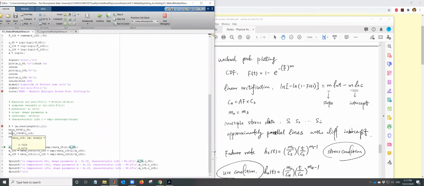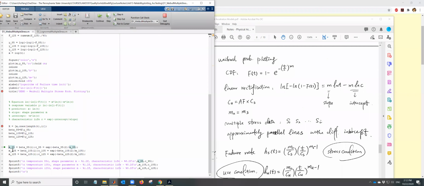So for each condition, we have two parameters. Now, the slope is just the shape parameter. But the intercept is minus m log c, so characteristic life c is equal to exponential of minus intercept divided by slope, because you take the exponential of the log.